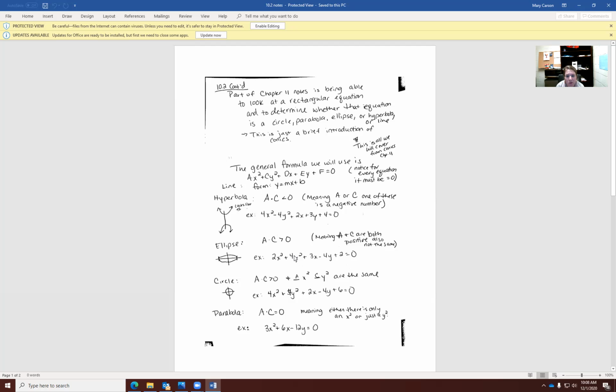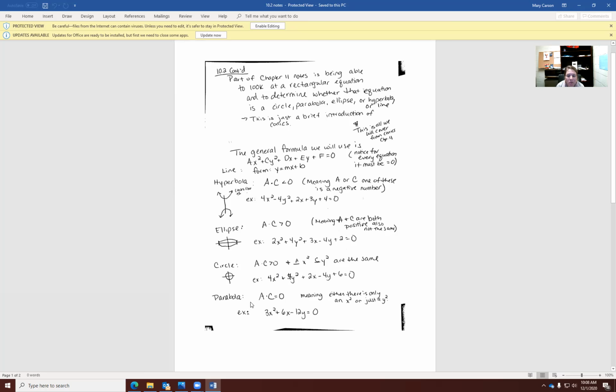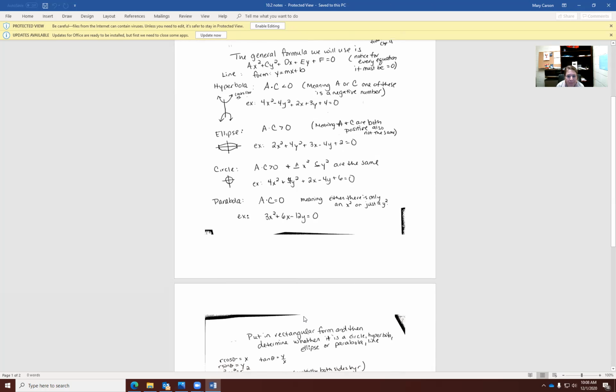Like this, 2 times 4 is 8, that's positive, so it's an ellipse. If the numbers in front of the x squared and the y squared are the same and positive, then it's a circle. And then the parabola is when you only have either just an x squared or just a y squared. You're not going to have both squared.